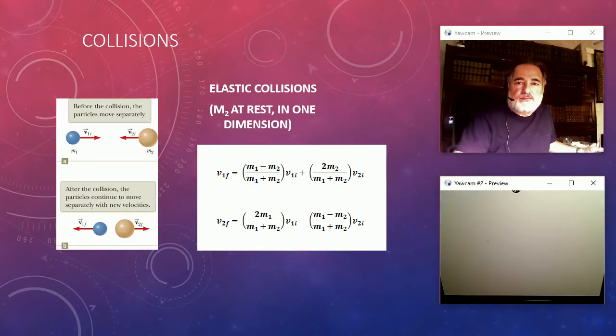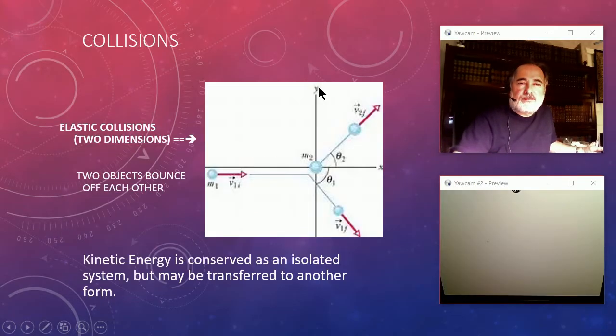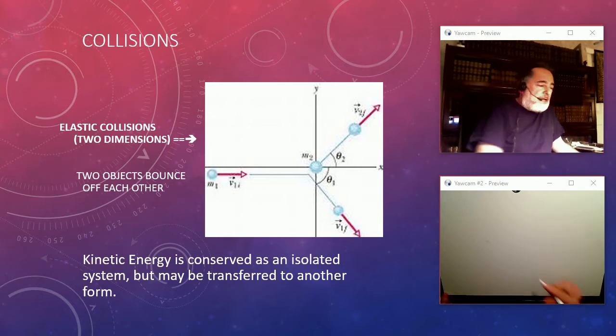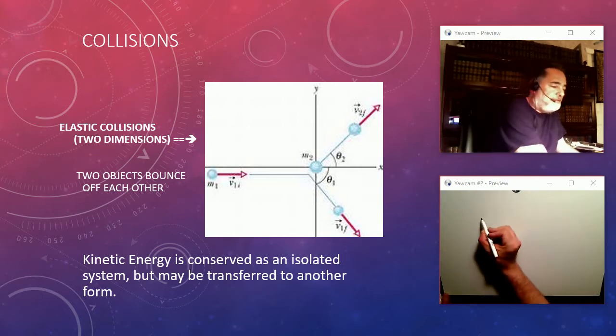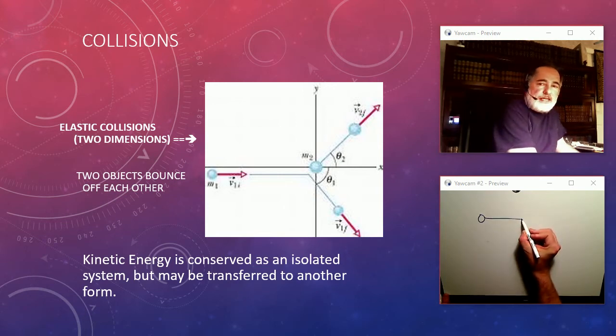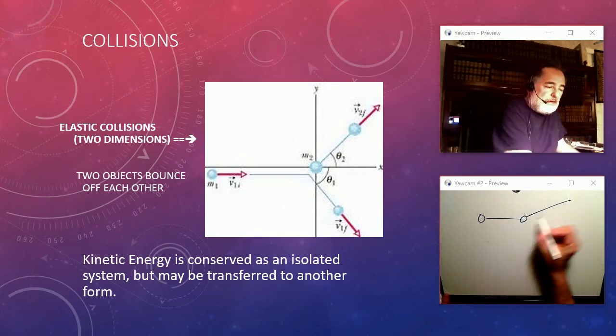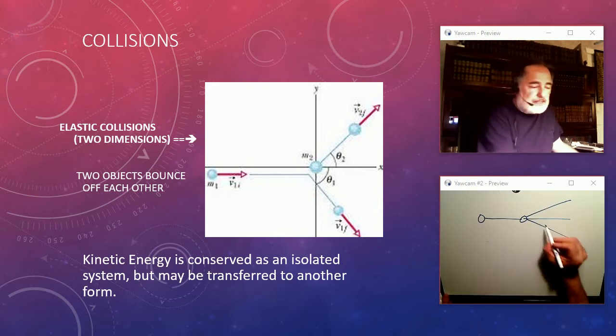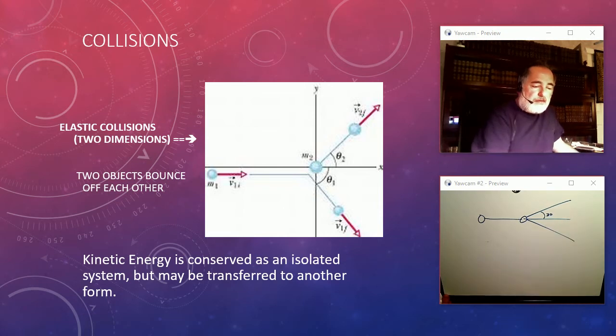Now, if we talk about in 2 dimensions, kinetic energy is conserved as an isolated system, but if we define it just like in that example that you see there, you could see that we could define a system where energy is not conserved. Let's do an example then.